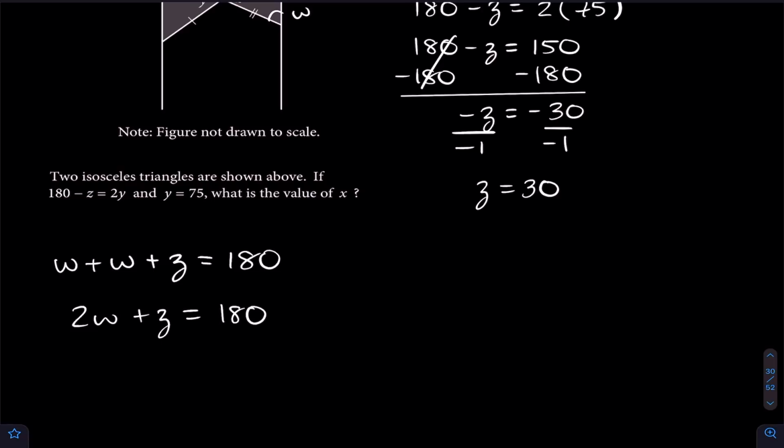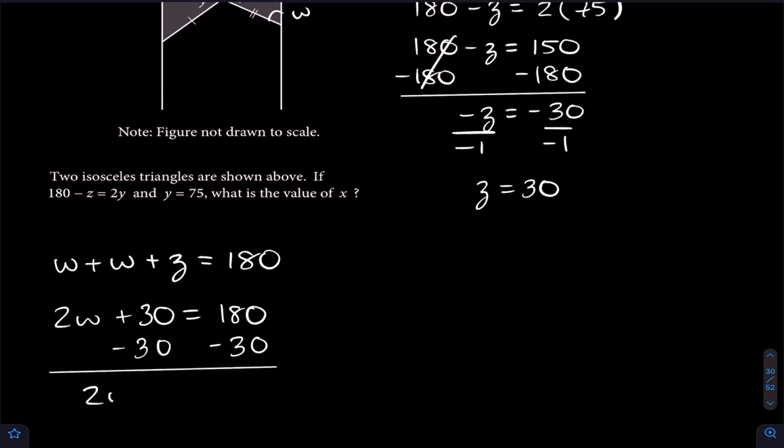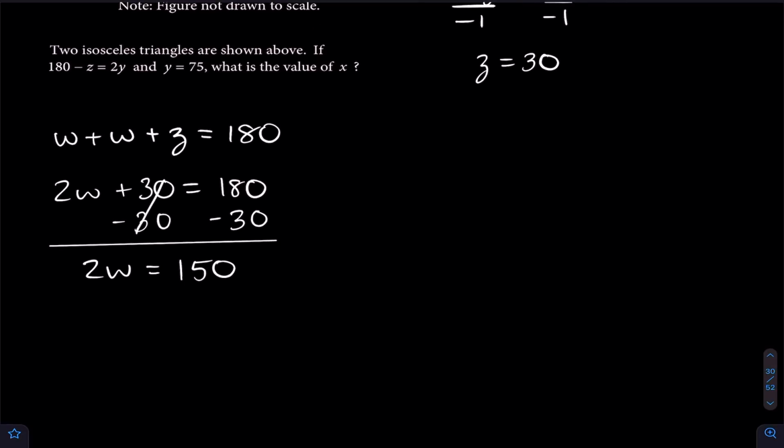And so we know z is 30, so I'll just substitute that in there. And we can subtract that on both sides. So you get that 2w is equal to 150. And dividing by 2 on both sides, that gives you that w is 75.